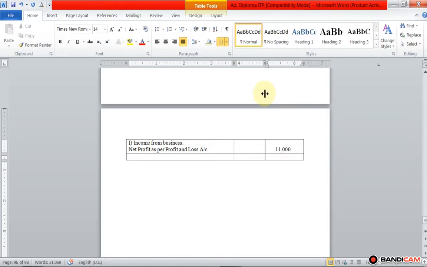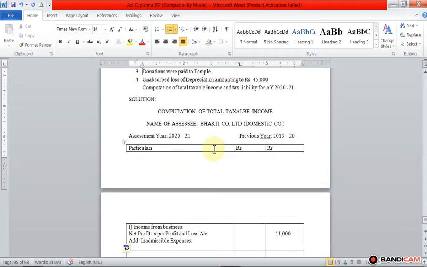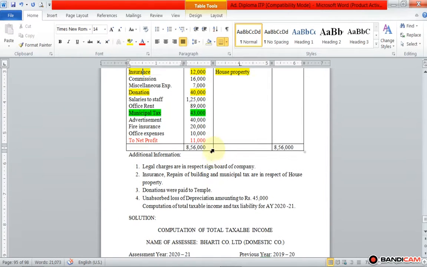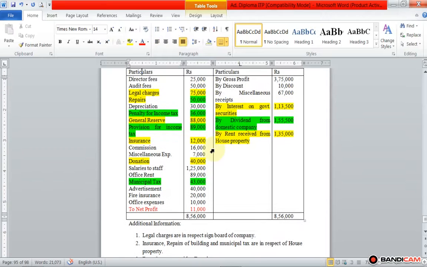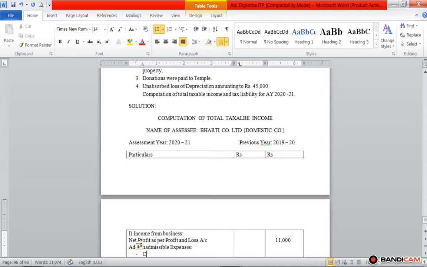Then we add inadmissible expenses. Inadmissible expenses means disallowed expenses, which we find out on the debit side of the profit and loss account. So here, legal charges 75,000 in respect of name and signboard of the company.